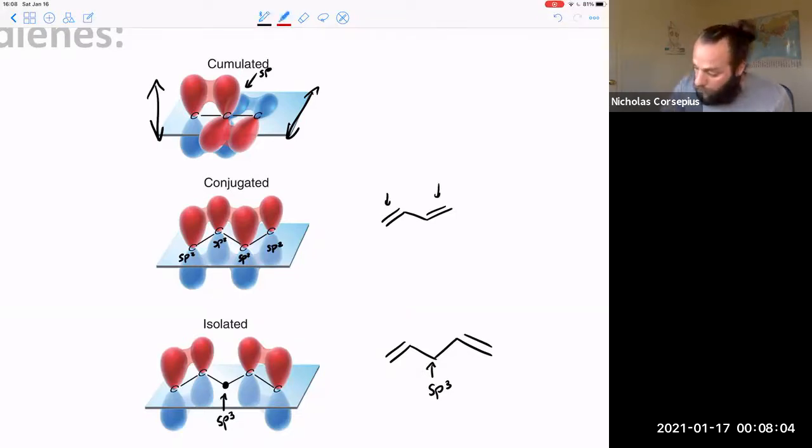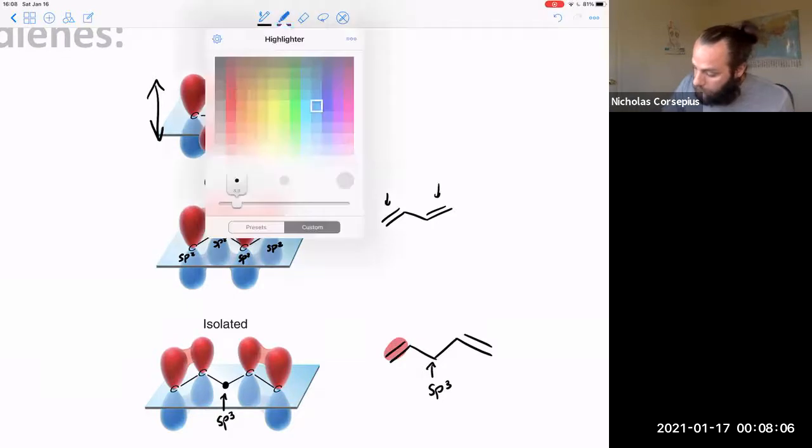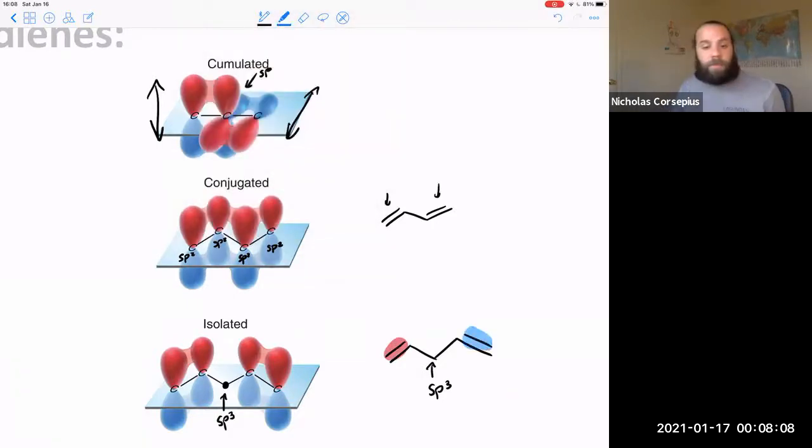So there's no way for this double bond over here to communicate with this pi bond over here. But when they're all in a row, and you can see that because there's one single bond separating them, or another way is they're all sp2 carbons lined up in a row, these pi bonds can talk to each other, okay? The electrons in these pi bonds are free to diffuse across that whole network.